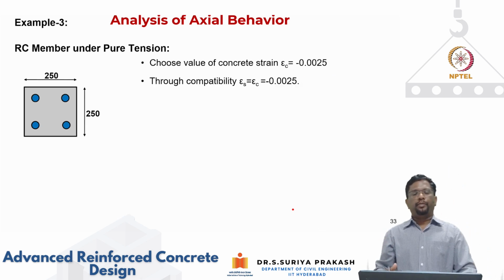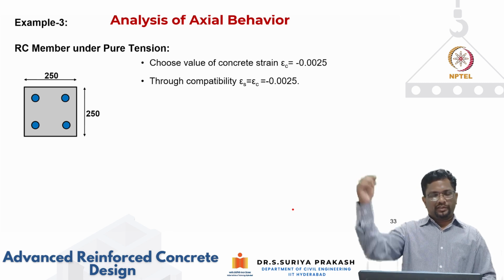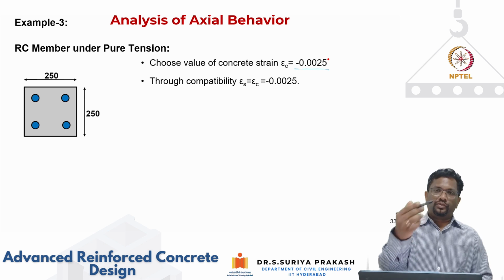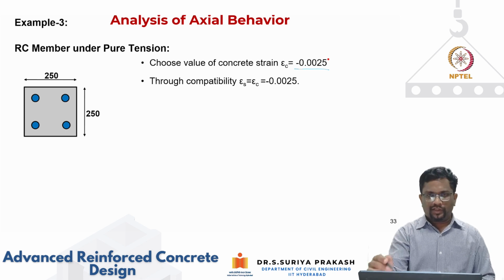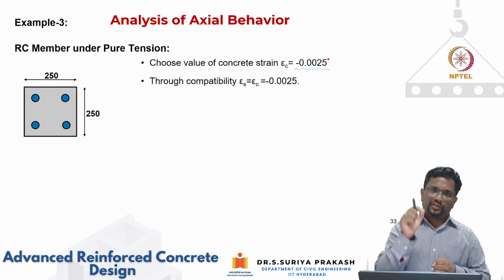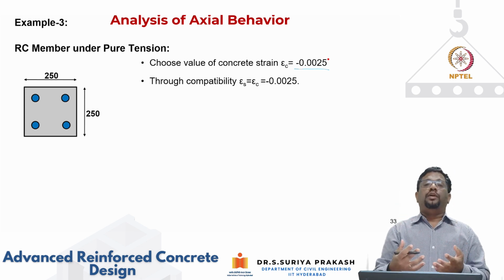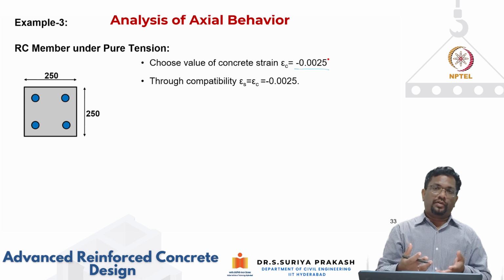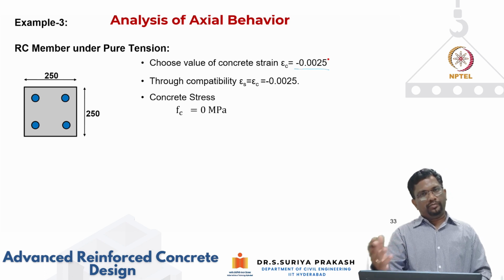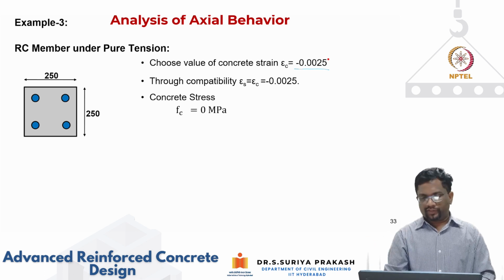And again, we keep continuing this exercise. Okay, we keep increasing the strain. Now I'm choosing a value of 0.0025, like what we have done previously. Why is it? At this strain, the rebar is going to yield. So I want to see the maximum load capacity that this particular concrete prism can offer. Okay, so through compatibility, if I'm considering the same strain, steel is also going to have the same strain.